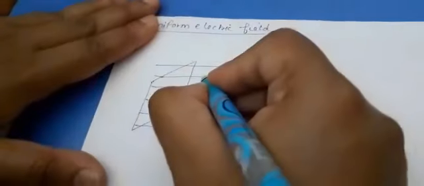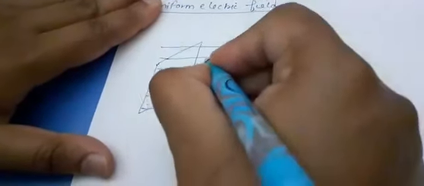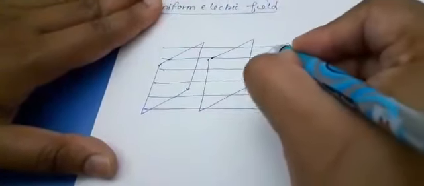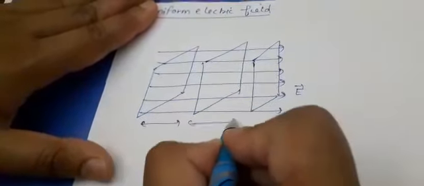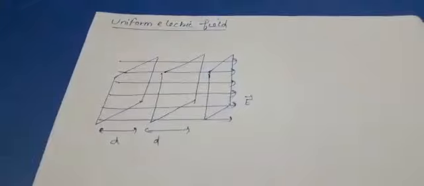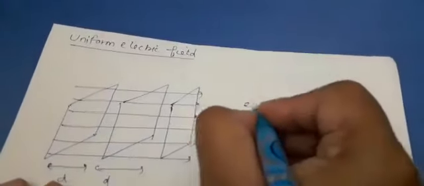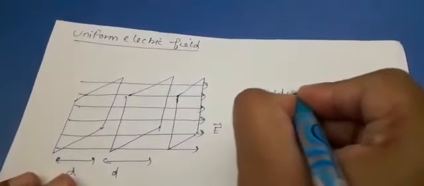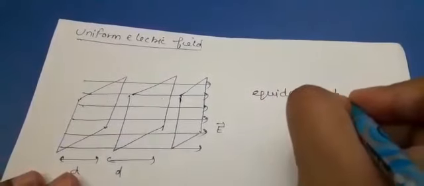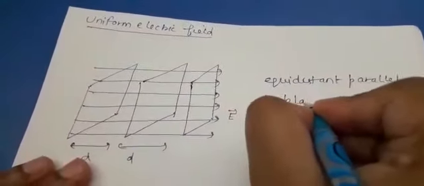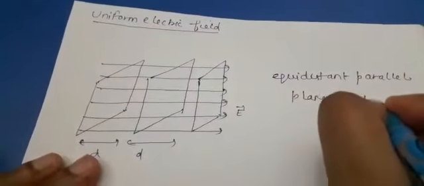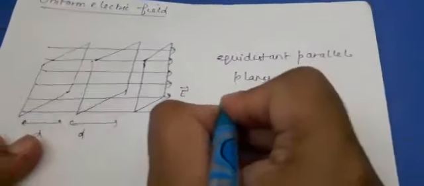Like this is the plane we are taking. Equidistant parallel planes you will take. This will be represented by equidistant parallel planes perpendicular to the lines of electric field.